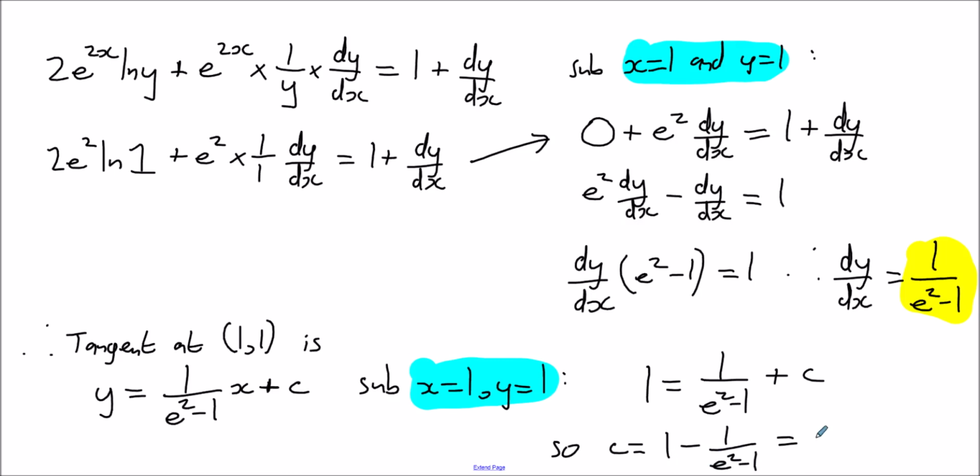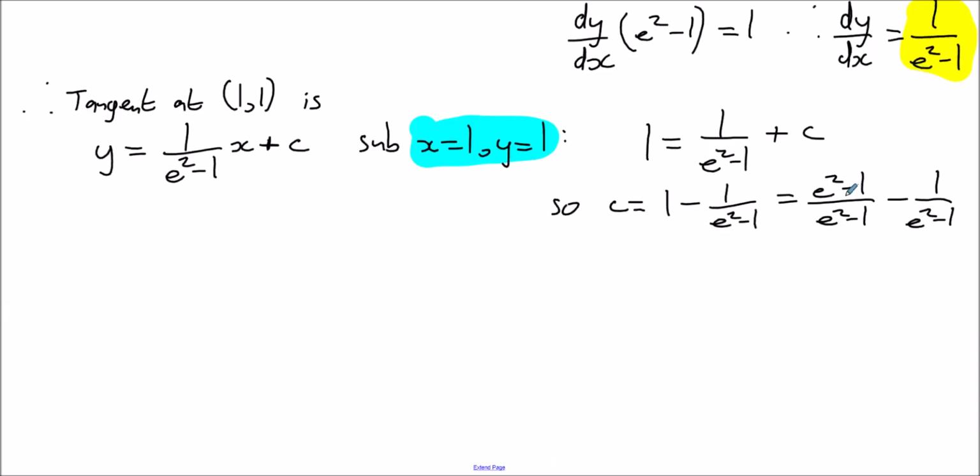So if I rewrite 1 as e squared minus 1 over itself, minus 1 over e squared minus 1, I can then combine this into a single fraction because you've got a common denominator. So e squared minus 1 minus another 1 gives e squared minus 2 over e squared minus 1.